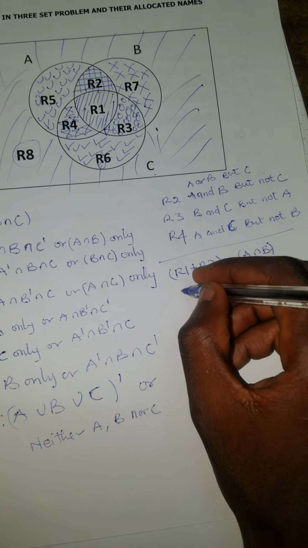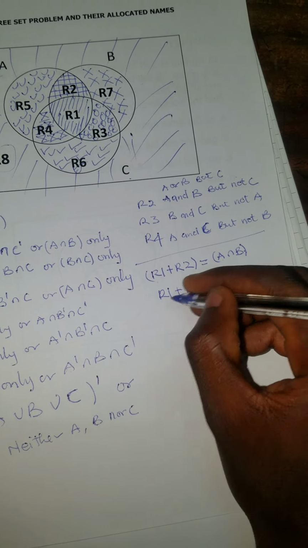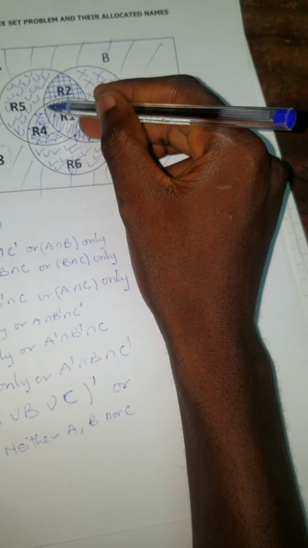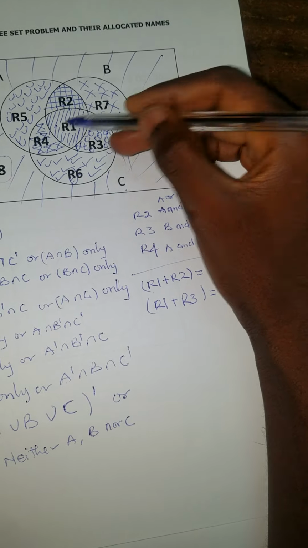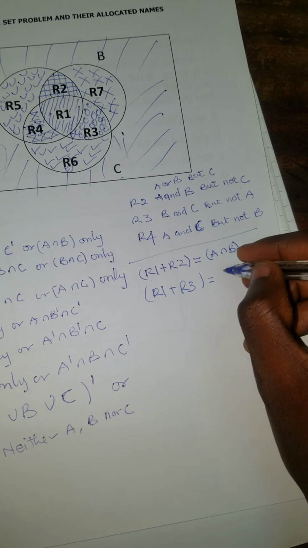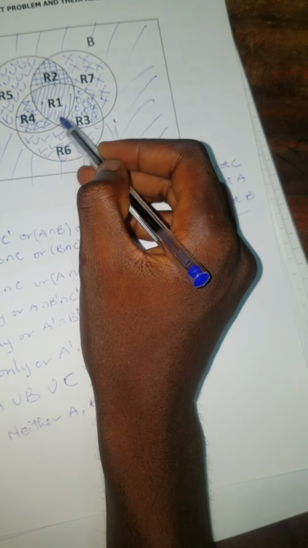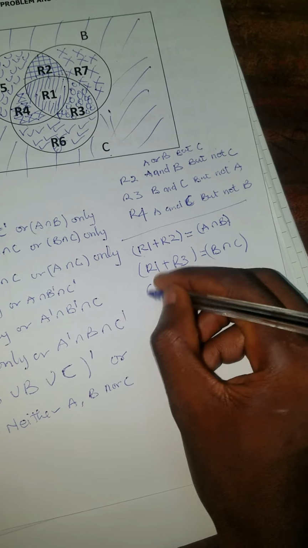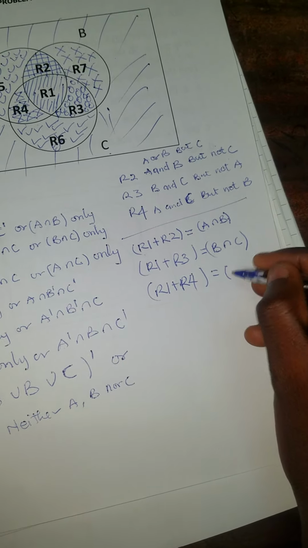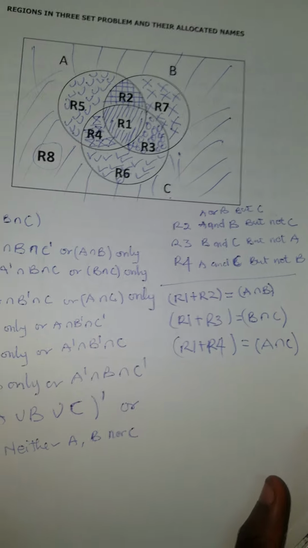And then region 2 and 3 combined. This whole region here, this and this region combined is what we call B intersection C. And likewise, this region 1 and 4 combined is what we call A intersection C. Please, I hope you understand.